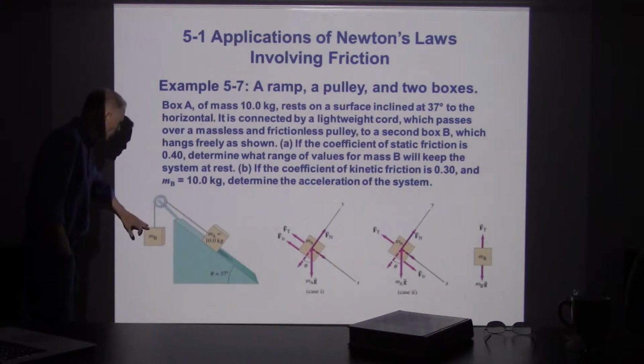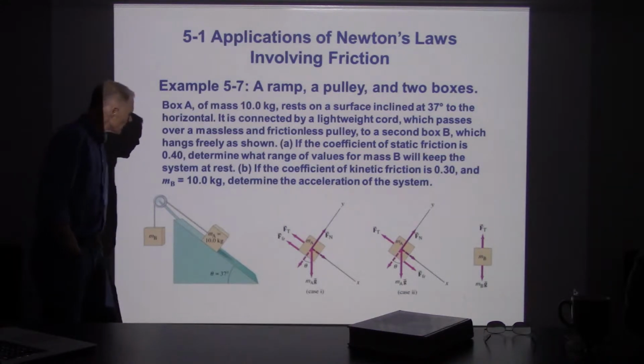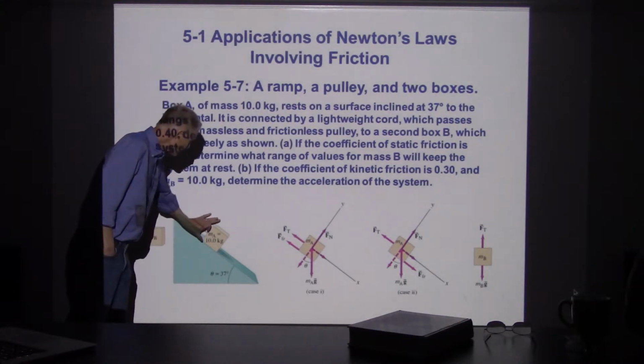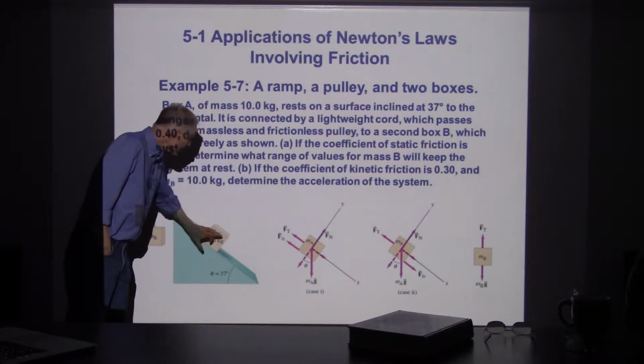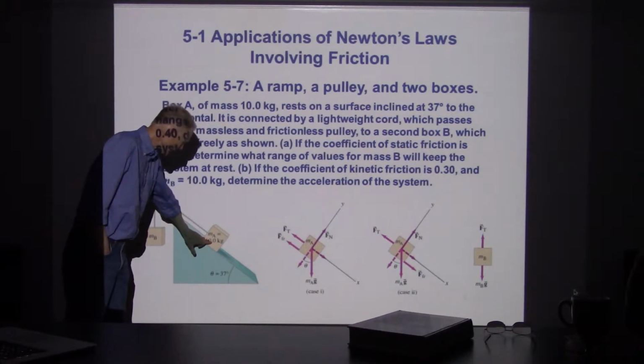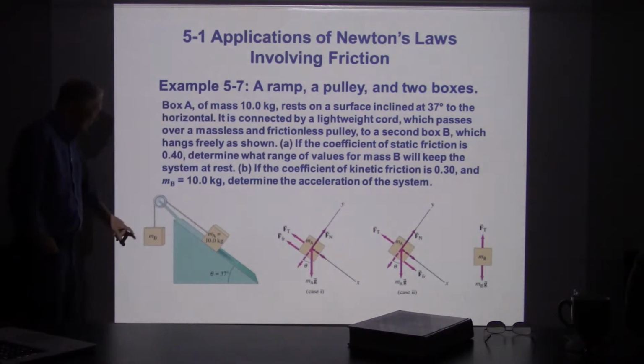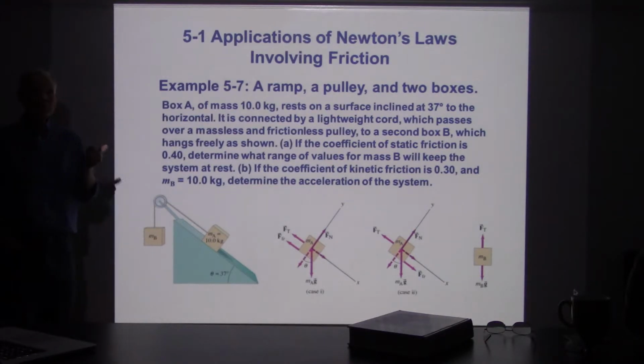I'm guessing there's going to be a low value of MB in which this would tend to slide down and the static friction is holding it in place. It could also be that there's a value of MB that's really large.